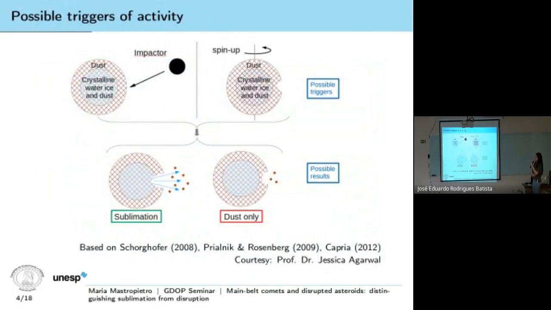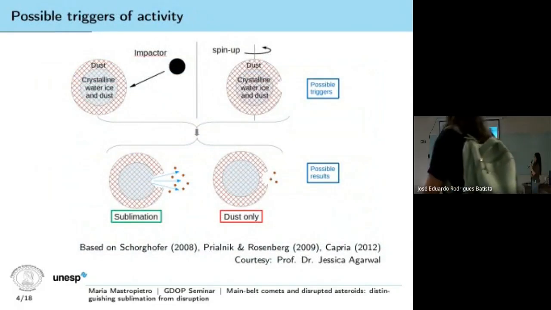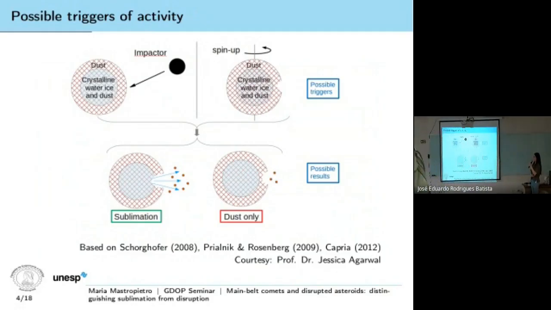In this scheme, we see an asteroid with the ice buried beneath a protective dusty layer. If there is an impact or if there is rotational instability, when the ice is exposed, we see sublimation, and so ejection of dust and gas. And this activity is recurrent at near perihelion and for different perihelia.